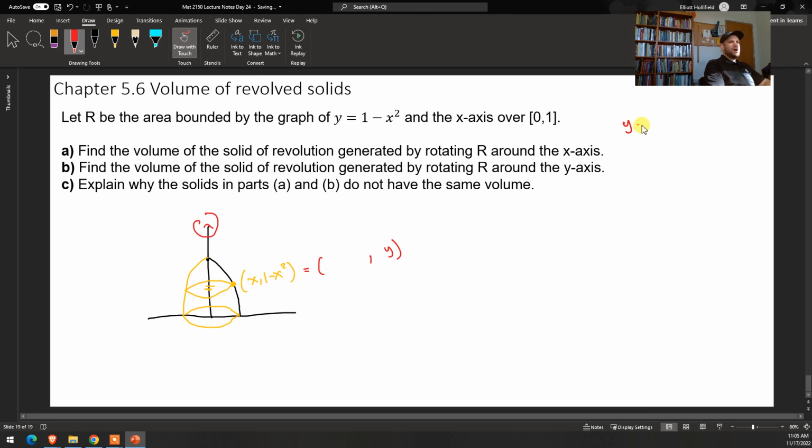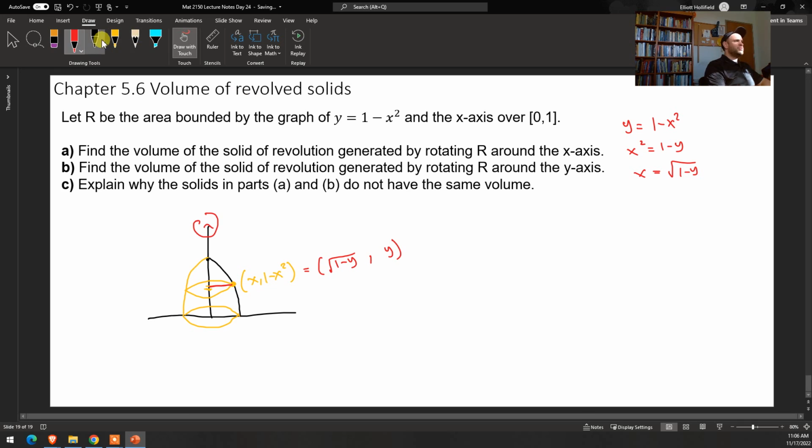What we have is that y is equal to 1 minus x squared, and therefore x squared is equal to 1 minus y, and x is equal to the square root of 1 minus y. So if we plug in the y, we get the corresponding x value as the square root of 1 minus y. So then the radius is given by the x value, which is precisely the square root of 1 minus y.